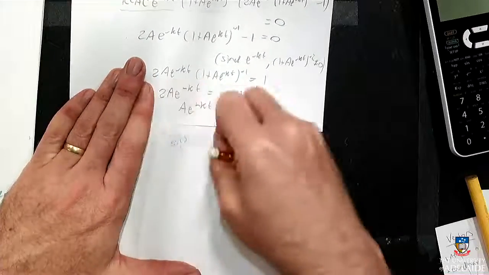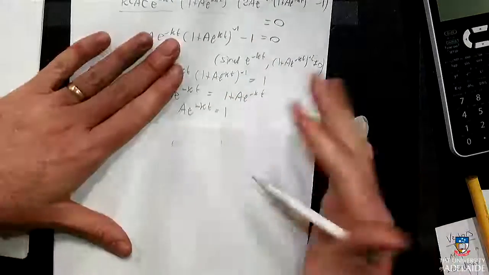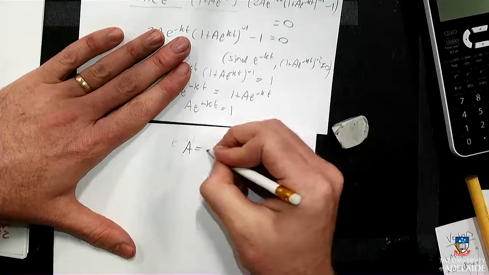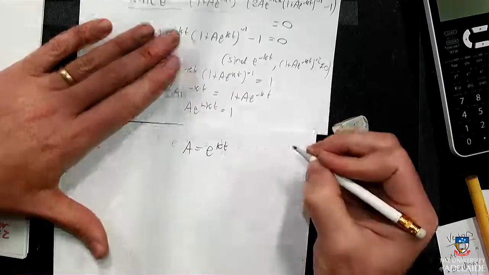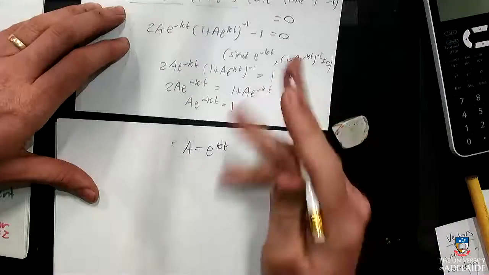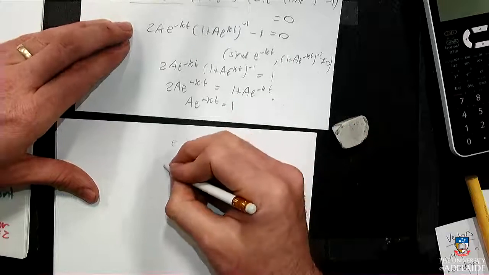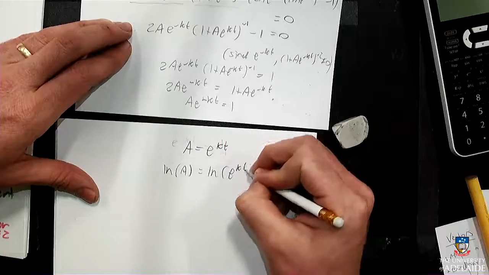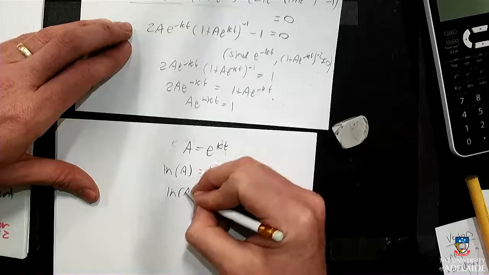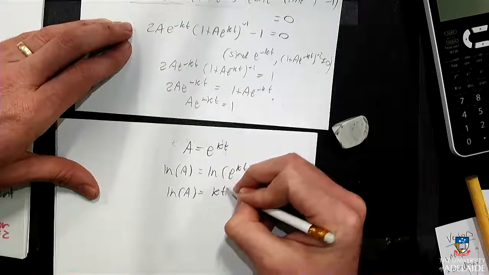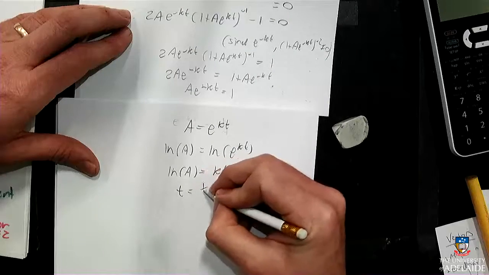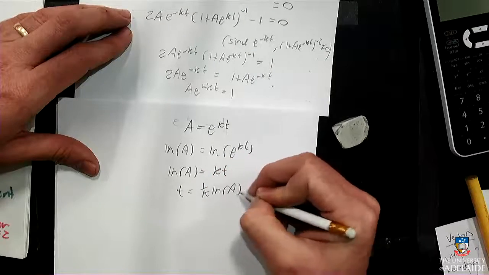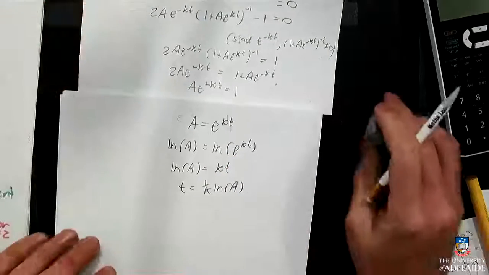Why don't I multiply both sides by it? a equals e to the kt. So I need to get rid of that. So I can do ln a equals ln e to the kt. So ln of a is kt. And so t must be 1 over k ln a. Right. Whew.